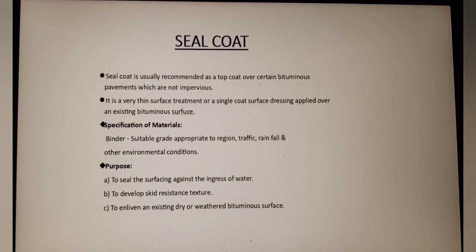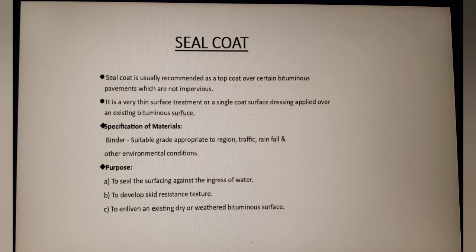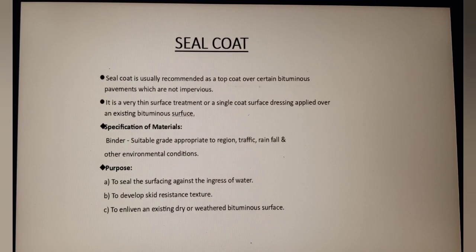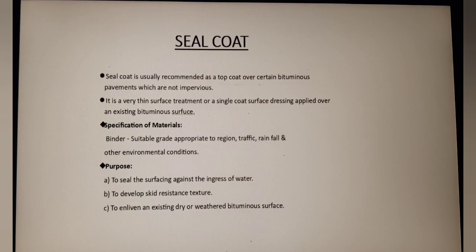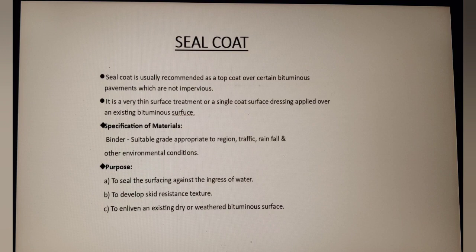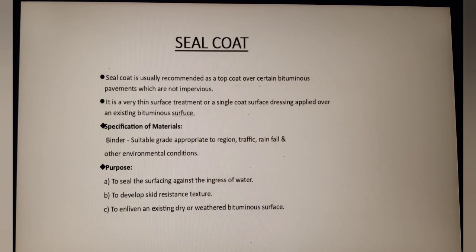Now over the surface course, we are always providing a seal coat. Seal coat is usually recommended as a top coat over the bituminous pavement which is not impervious. The specification is that a suitable grade binder is used.